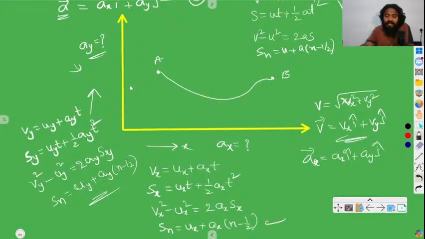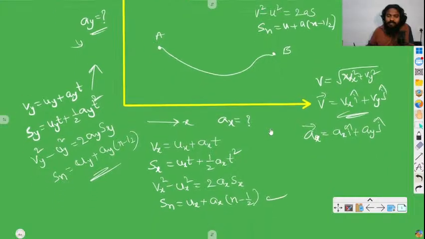Okay, clear? So next, the best example for two-dimensional motion is projectile motion. I'll explain projectile motion shortly. Before that, one more small important thing.